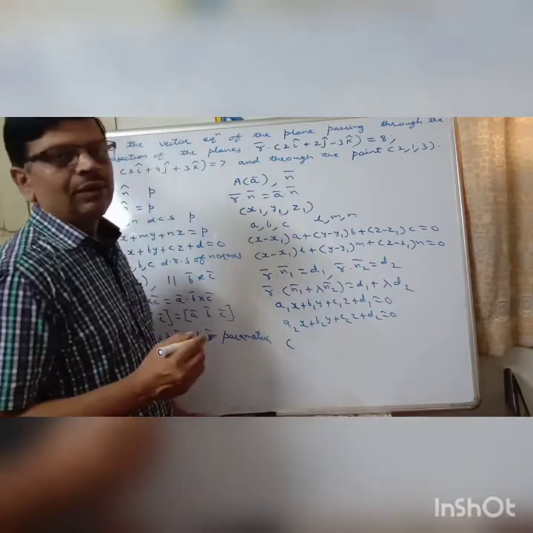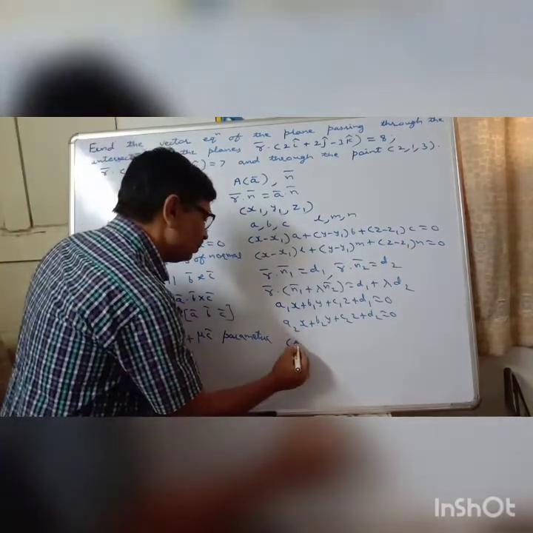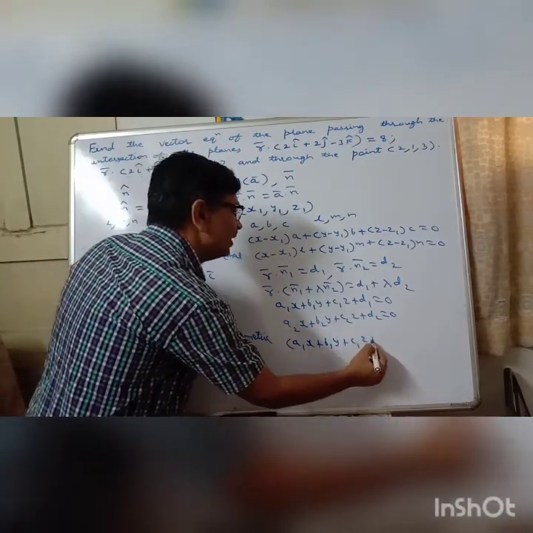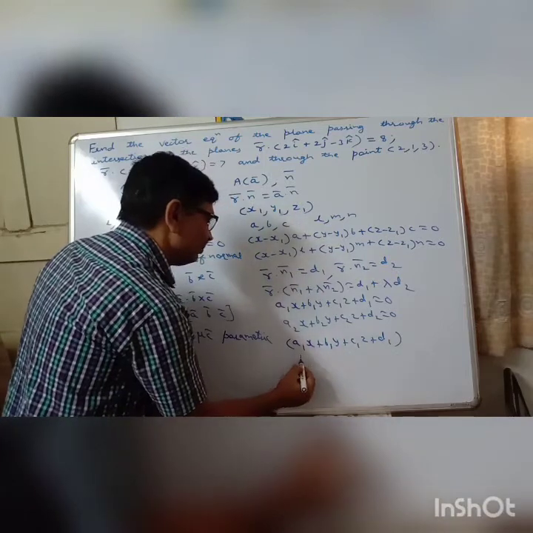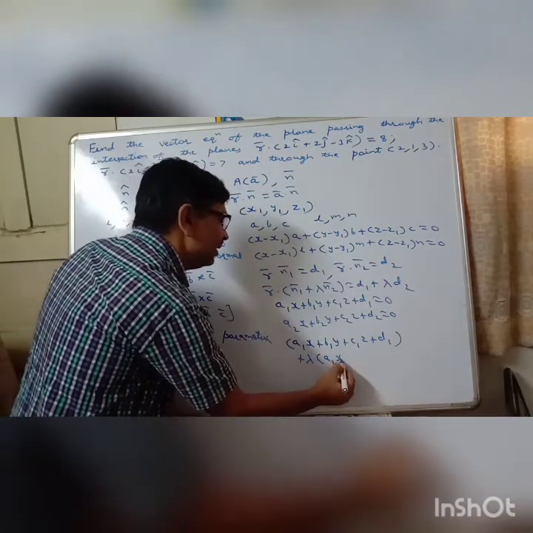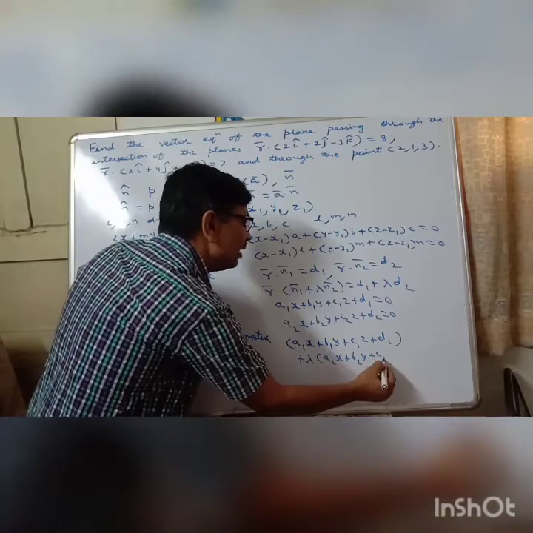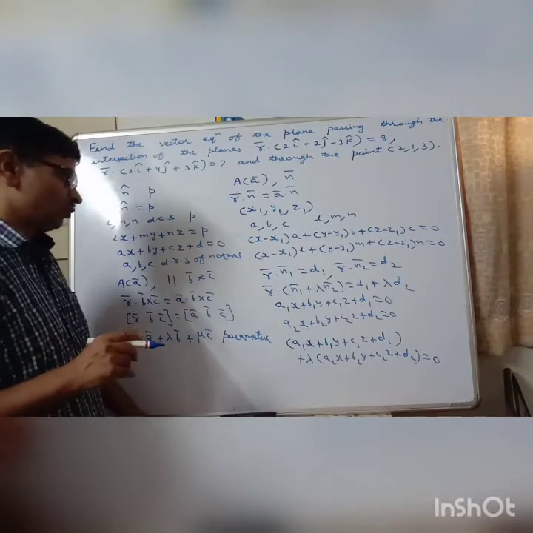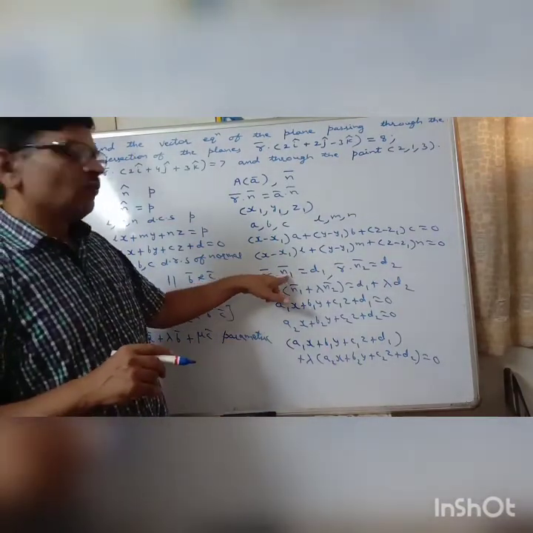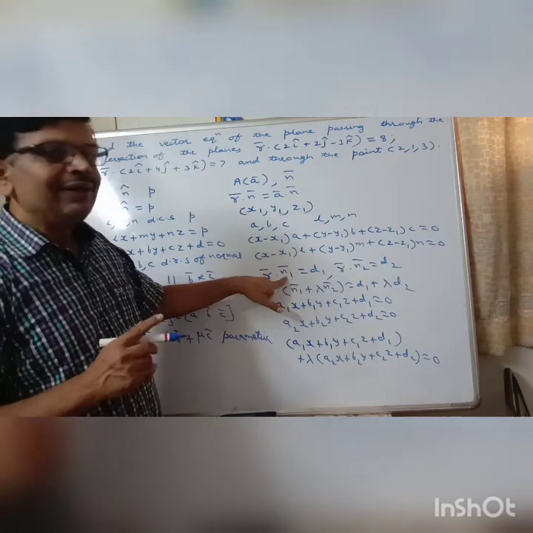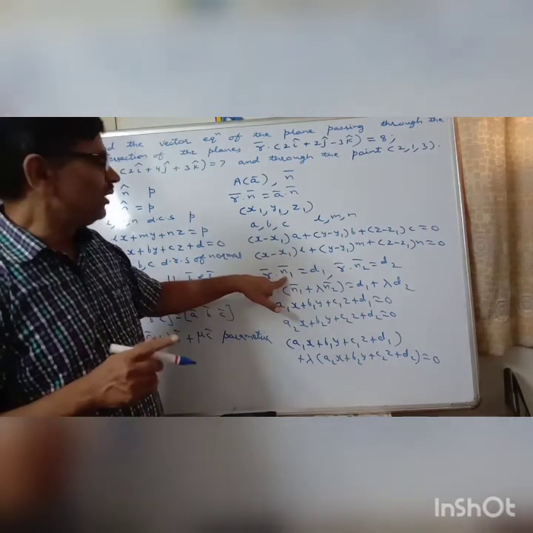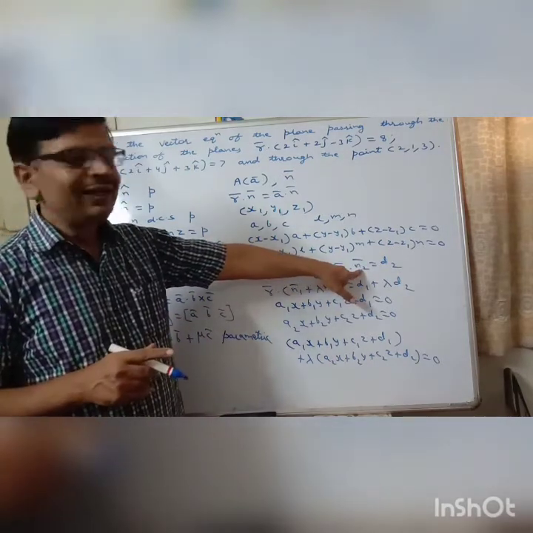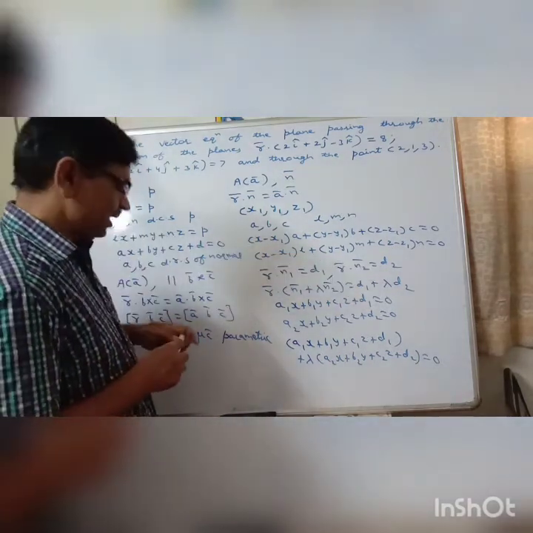Then plane passing through intersection of these two planes (A1x plus B1y plus C1z plus D1) plus lambda into (A2x plus B2y plus C2z plus D2) equal to 0. For this plane N1 bar, it is a normal vector perpendicular to the plane. Here N2 bar, it is a normal vector perpendicular to the plane.